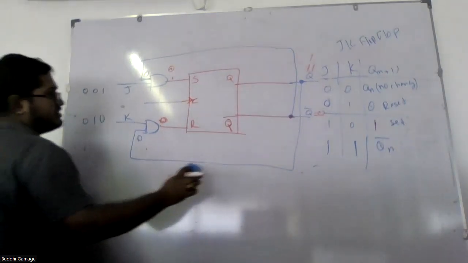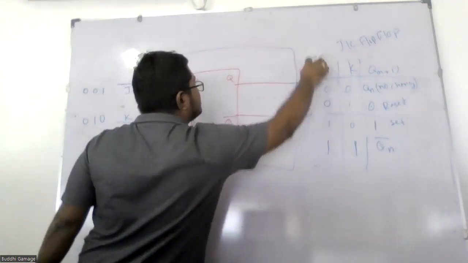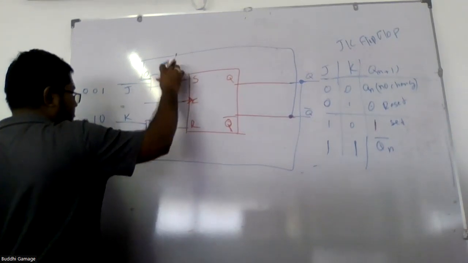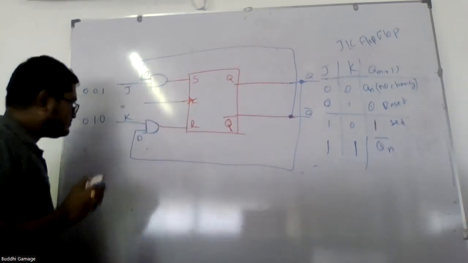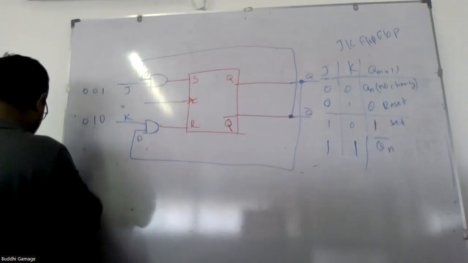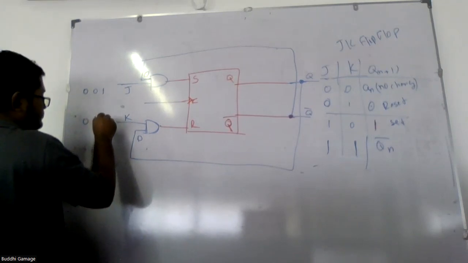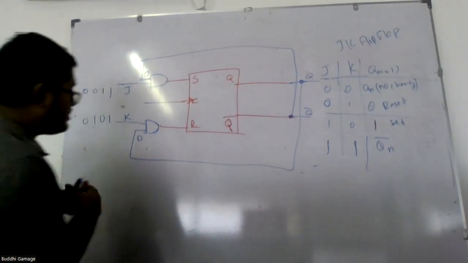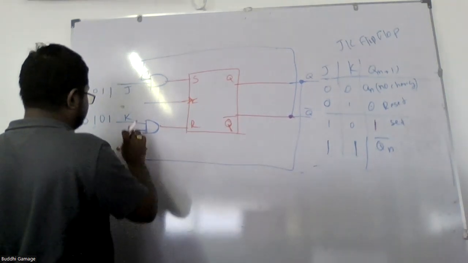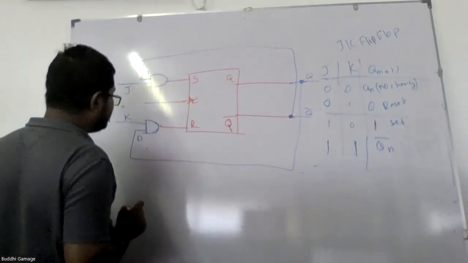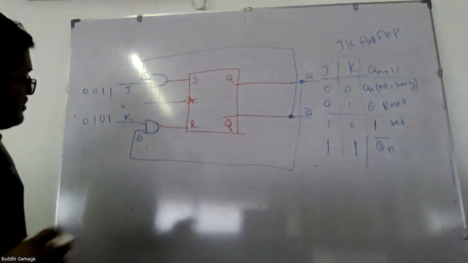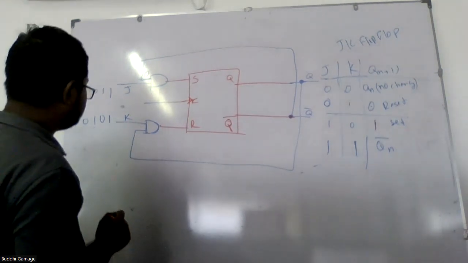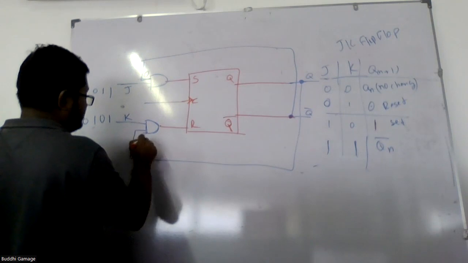Now the major thing, or the final part, where J and K are both 1. That means both are 1 now. So what will happen here? Both are 1. Right? Then consider. There are two states where this is 1.